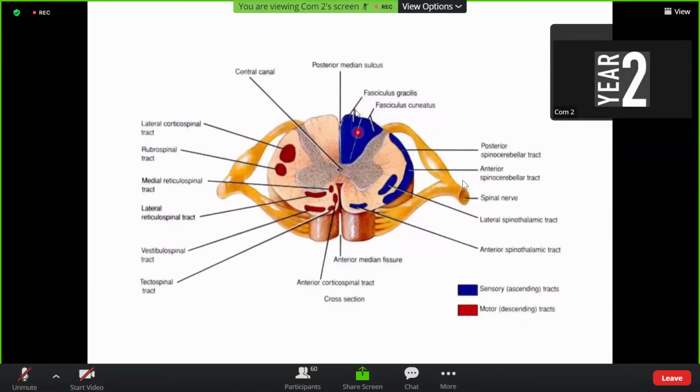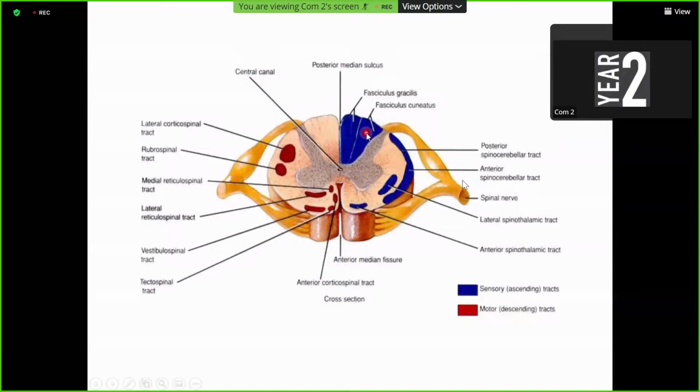So fasciculus gracilis and fasciculus cuneatus are responsible for two-point discrimination. That means fine touch. If you touch two places at different points, you can easily identify with your eyes closed that these are the two points where you're touching. So it's fine touch. It's not like a crude touch where you would say, oh, somebody is touching my elbow. You can precisely identify the location of the touch.